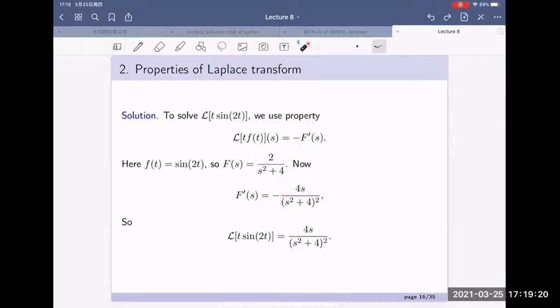So this will cancel, and in the end you get your result. So if you have a factor of t, then you need to take a derivative on the Laplace transform side. This is another property of the Laplace transform, the last property probably.